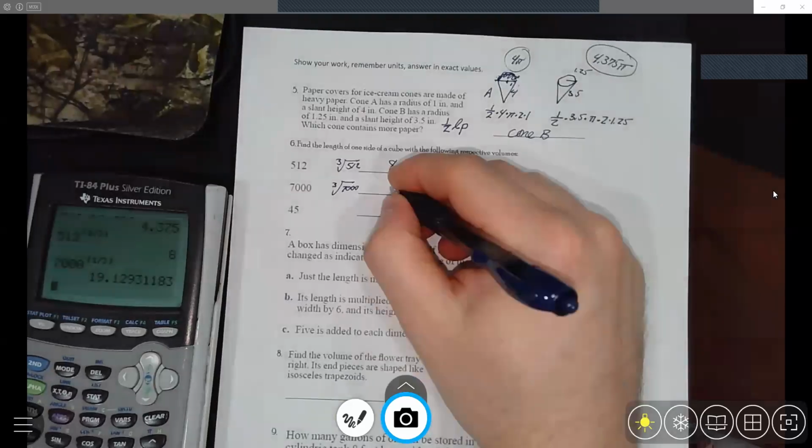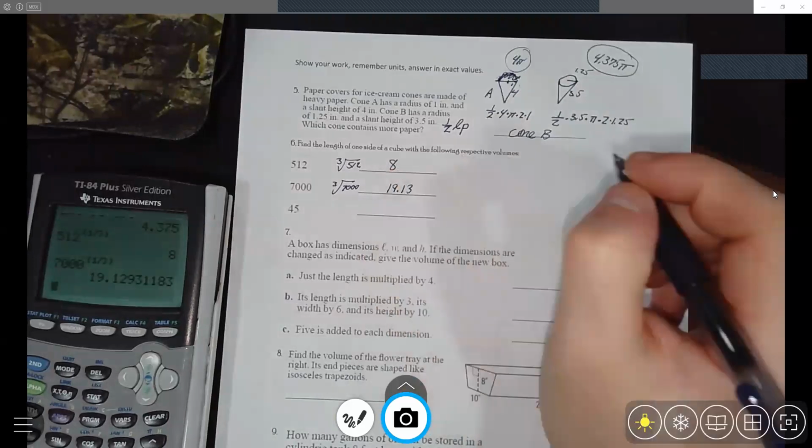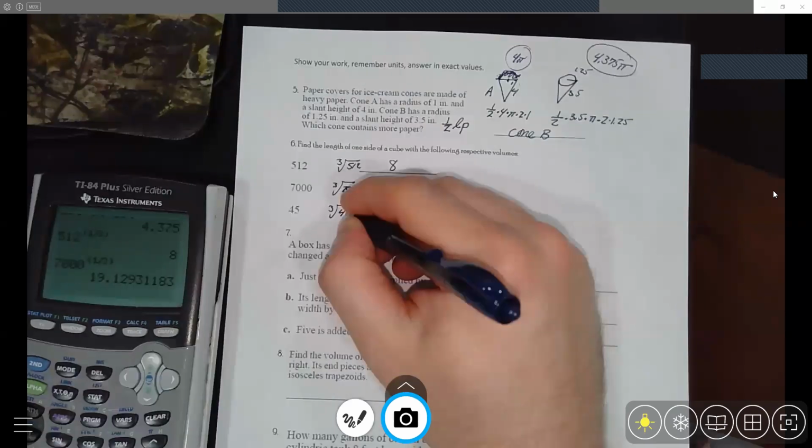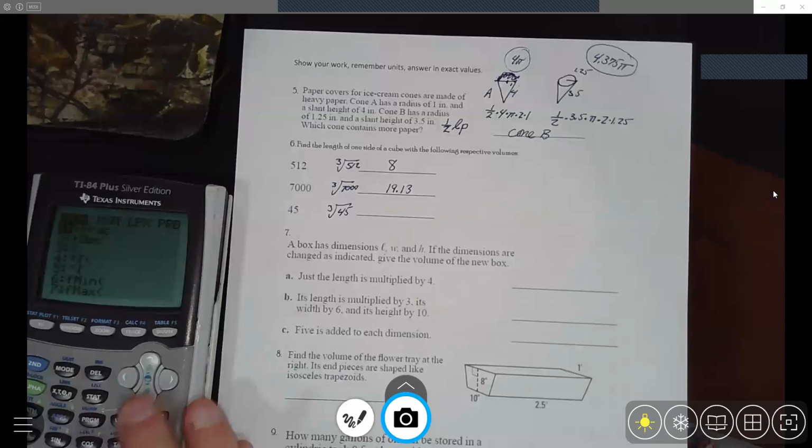So hard to give an exact answer here. And then the cube root of 45. So remember, you can go into the math menu and do this too. There's the cube root.